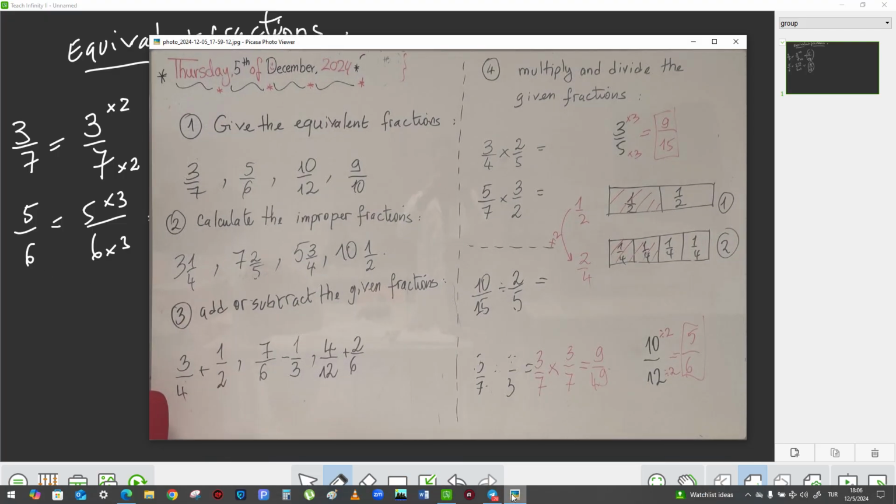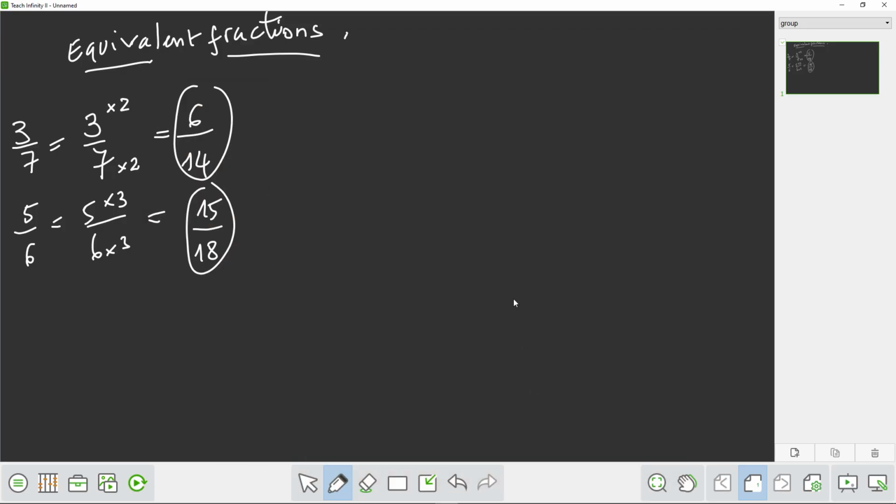Another example, 10 over 12. Let's say I'm going to multiply by 2 again. And then the answer is going to be 20 over 24, because 10 times 2 is 20, 12 times 2 is 24.